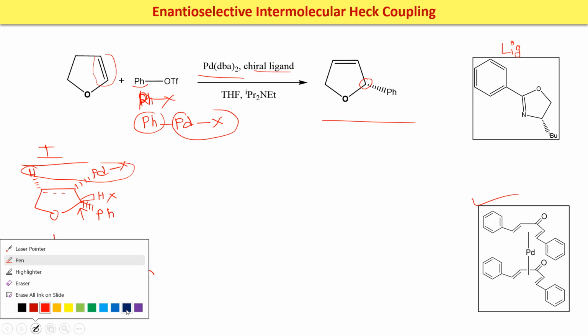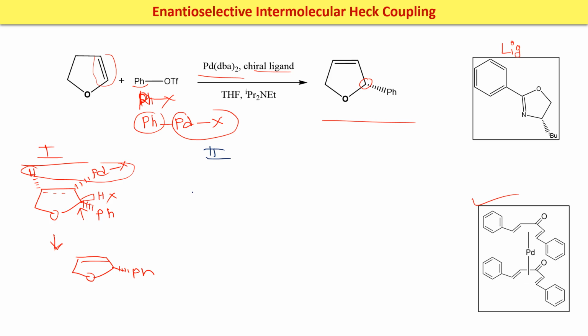Now there is another possibility that we have to see. What if the Ph is not at this position, but it is away from oxygen, right? So away from oxygen, now it is PdX which is close to oxygen. Now we need a beta hydrogen which is on the same side. But if you see, this is the beta position, and here the hydrogen is not on the same side, right? So that is why beta hydride elimination is not possible here, and as this is not possible, we cannot get a double bond here.